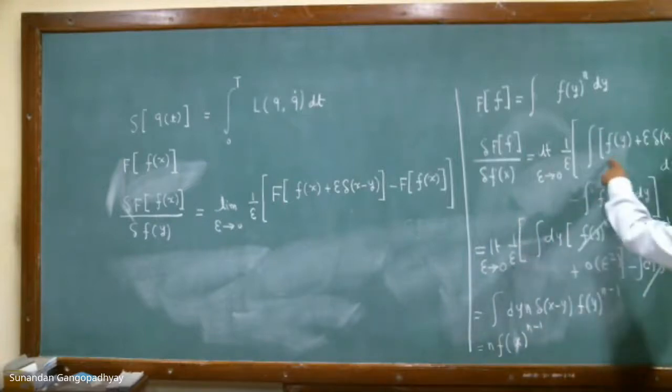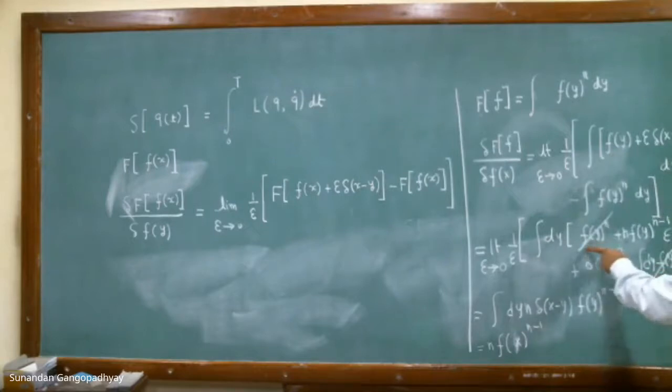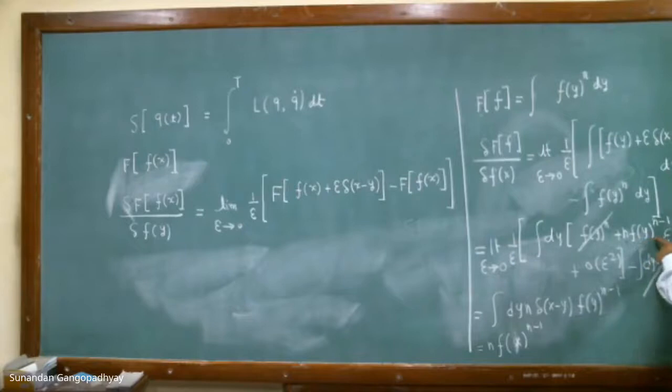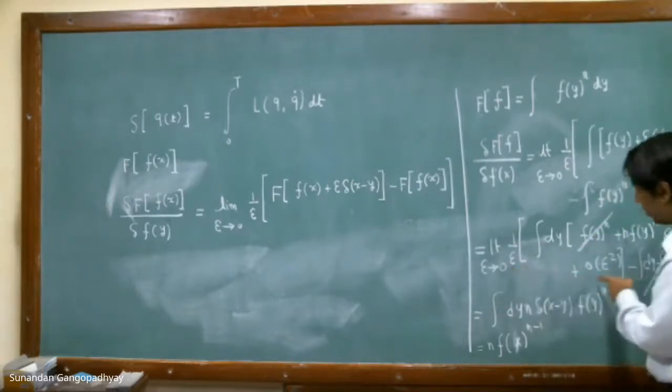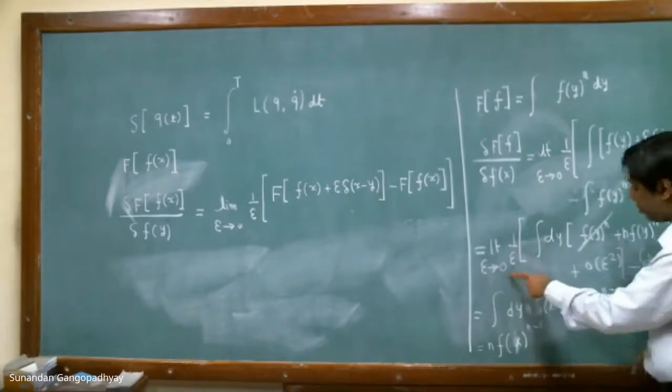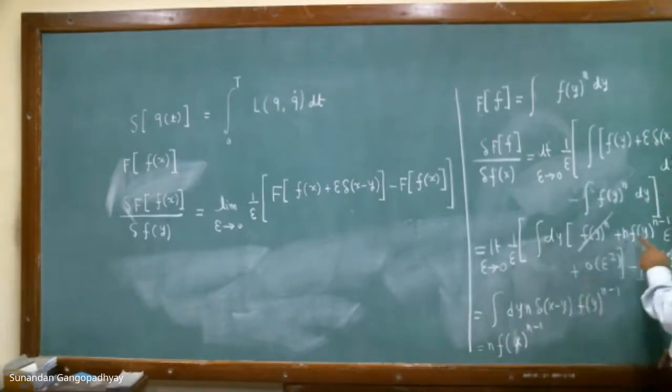So when you expand this, let me repeat once more. This is f y to the power of n plus n f y to the power of n minus 1 into epsilon delta x minus y plus terms of the order of epsilon square. And then these two terms get cancelled. This term becomes order epsilon square divided by epsilon, so this is order epsilon. In the epsilon going to zero limit, all these terms drop out, and what we have is n f y to the power of n minus 1.